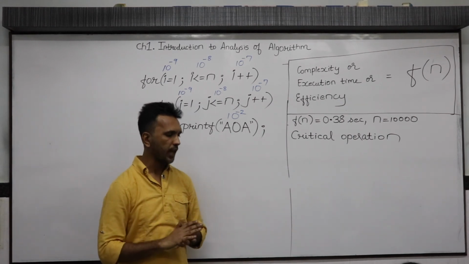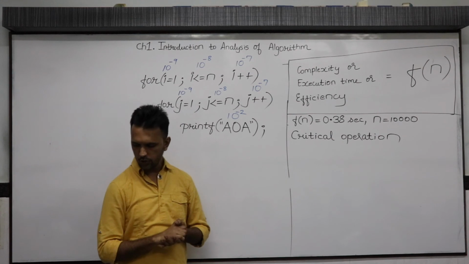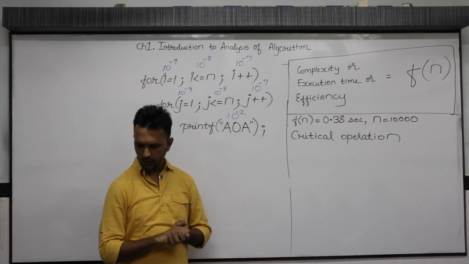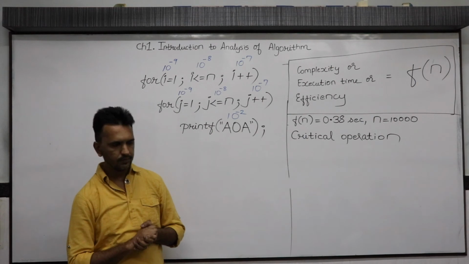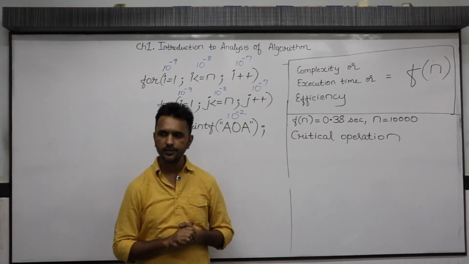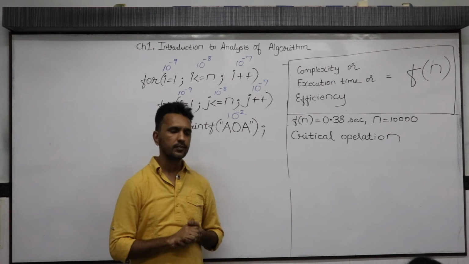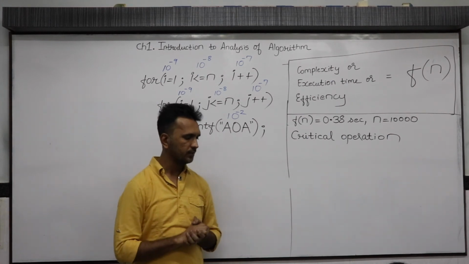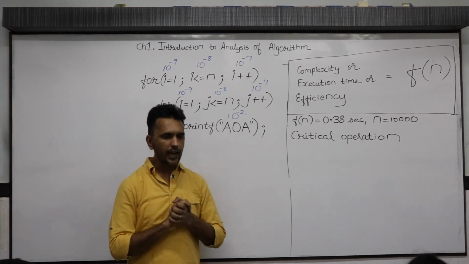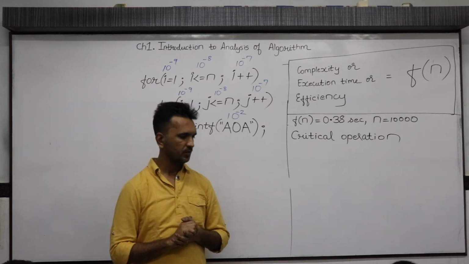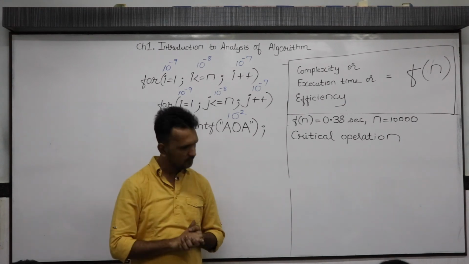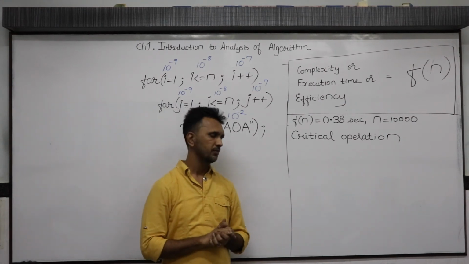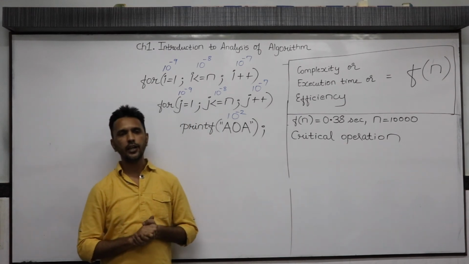Use the following 2 steps to find complexity. Number 1: decide who the hell is the critical operation.